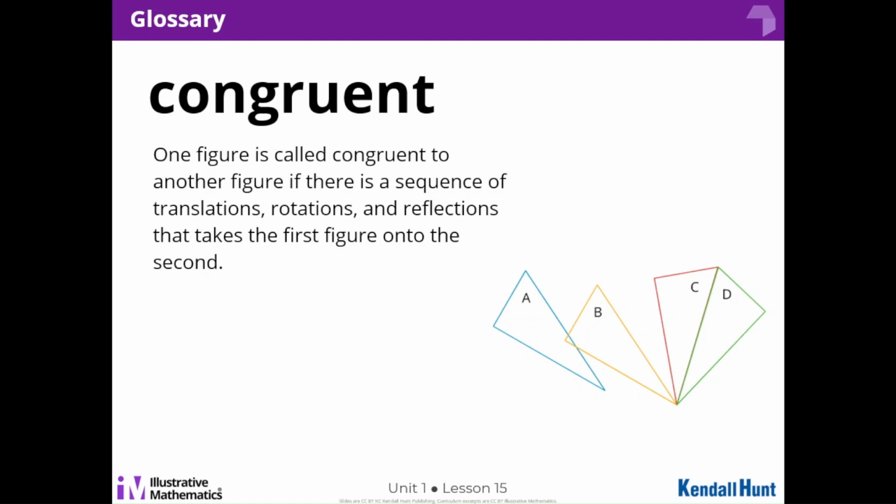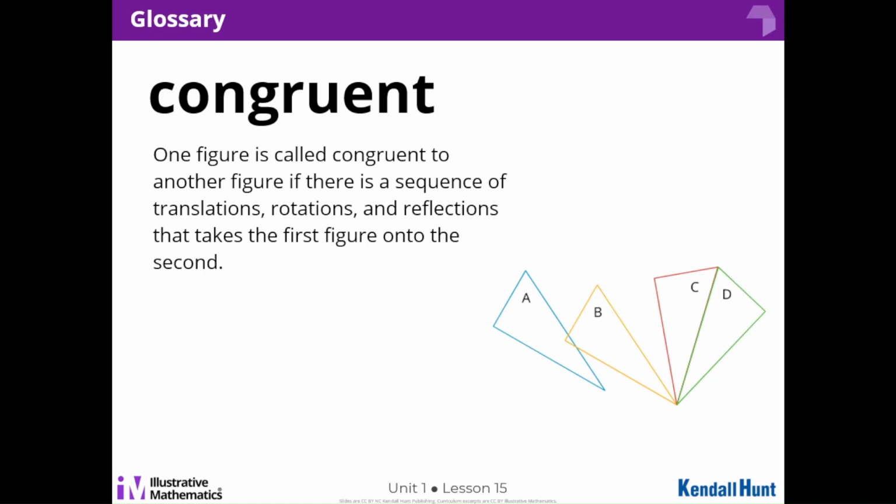An easy way to make congruent shapes is to do a sequence of rigid transformations, such as translations, rotations, and reflections. We can see in this image to the right, to go from A to B, we have translated it down and to the right. To go from B to C, we have rotated it clockwise.